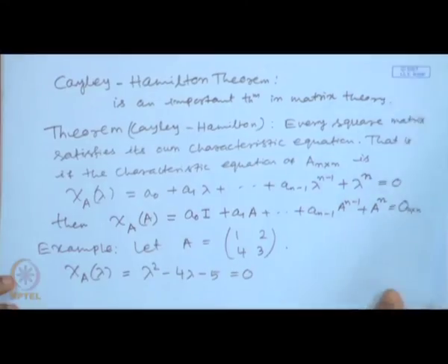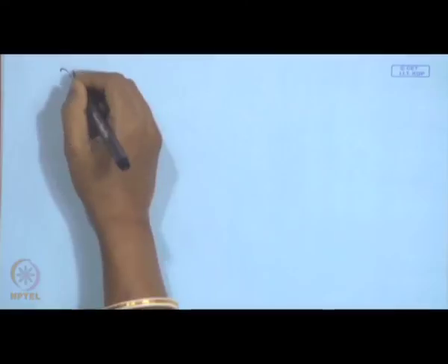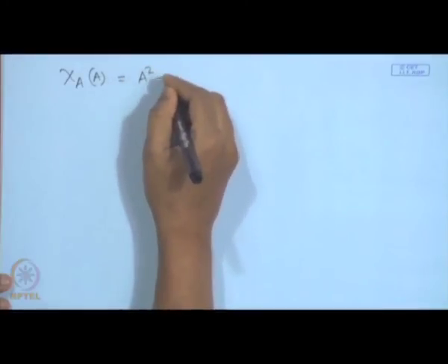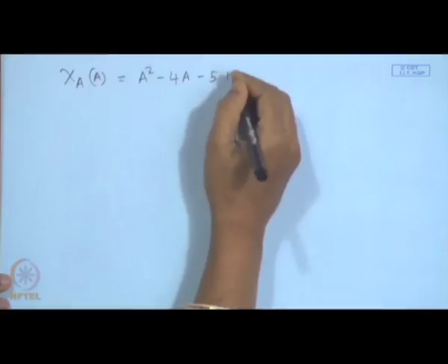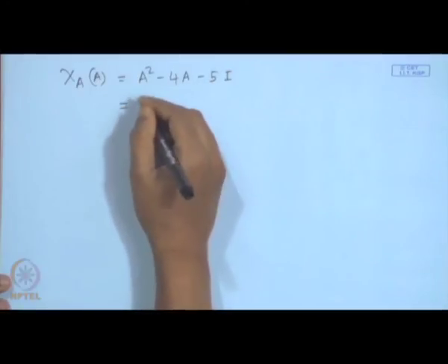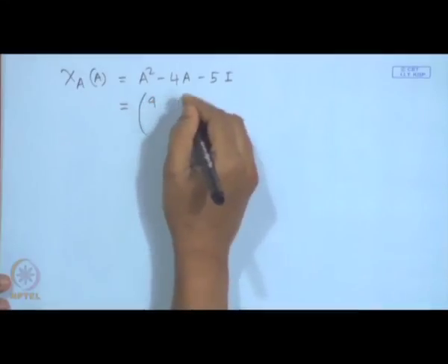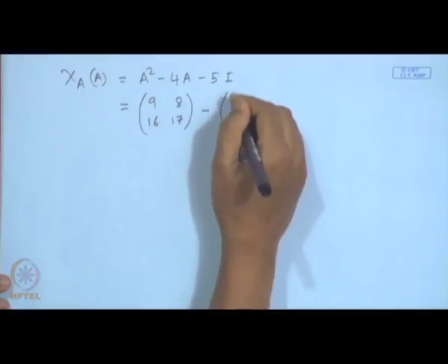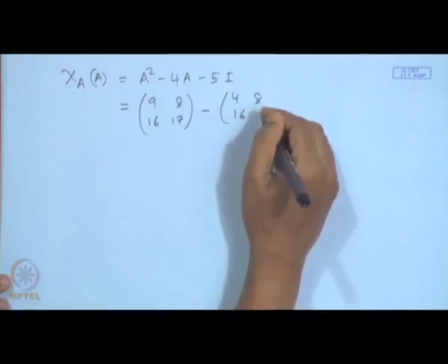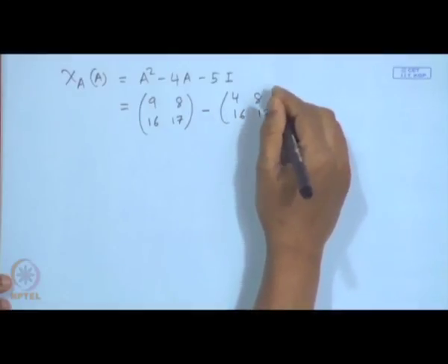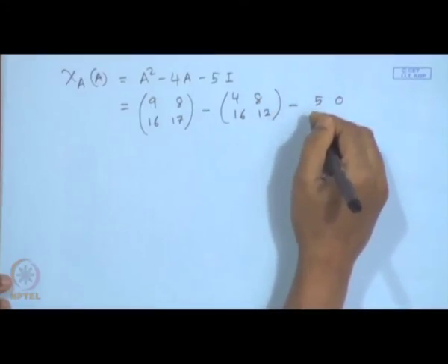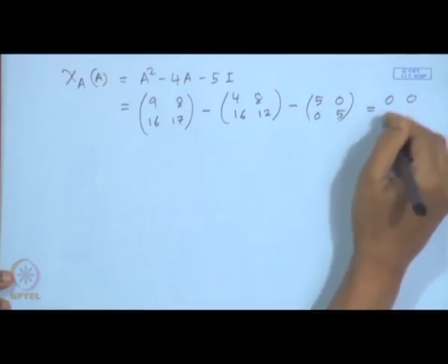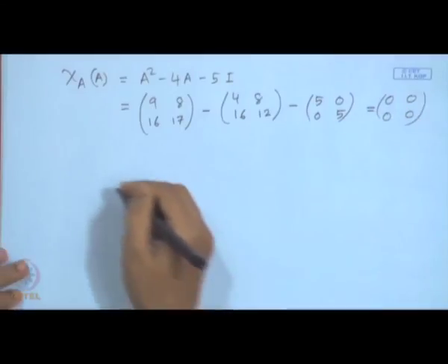So, now we shall find chi A, which is A square minus 4A minus 5I, and it is the matrix 9, 8, 16, 17 minus 4, 8, 16, 12 minus 5, 0, 0, 5, and one can check that this is equal to the zero matrix of size 2.